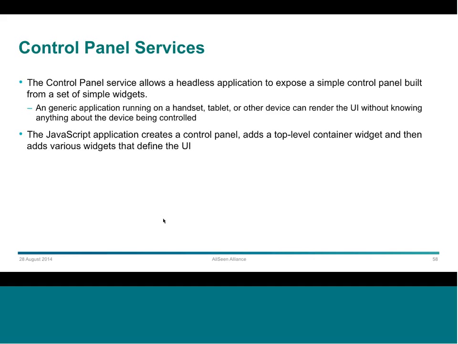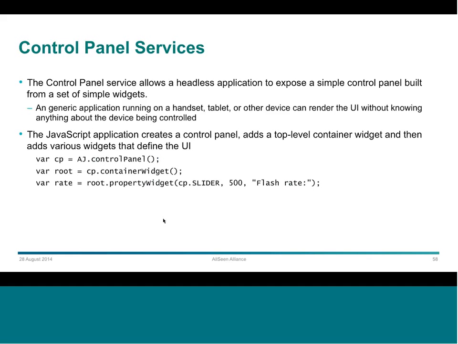So maybe you have a slider that I'm going to create here that's going to blink an LED at a certain interval. So I create my control panel object, I get my root container, I'm going to go ahead and now create my slider, and it's going to have a string next to it that says it's its flash rate, and it's going to go from 0 to 500, and I'm defining this to be 500 milliseconds.